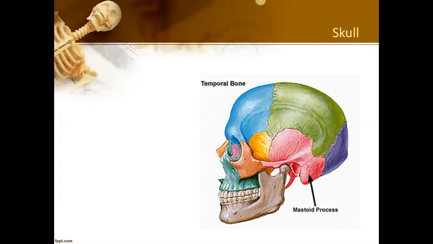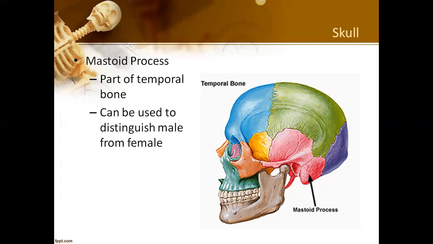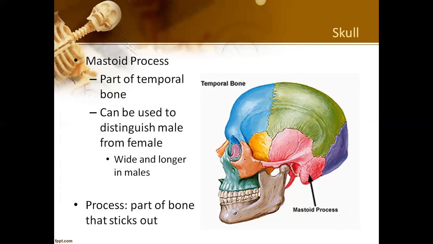Also on males, you'll tend to see ridges over the eyes called brow ridges, and they tend to be larger in males as well. So the mastoid is part of the temporal bone, and it can be used to distinguish male and female. And we call it a process, and all that means is it's a part of the bone that sticks out.